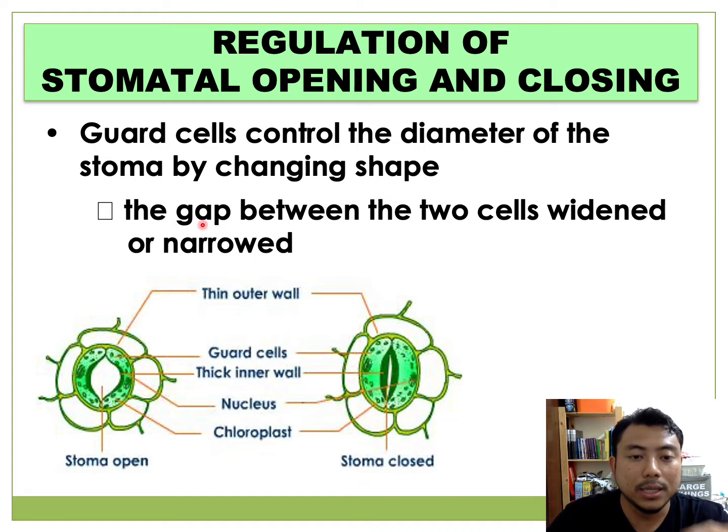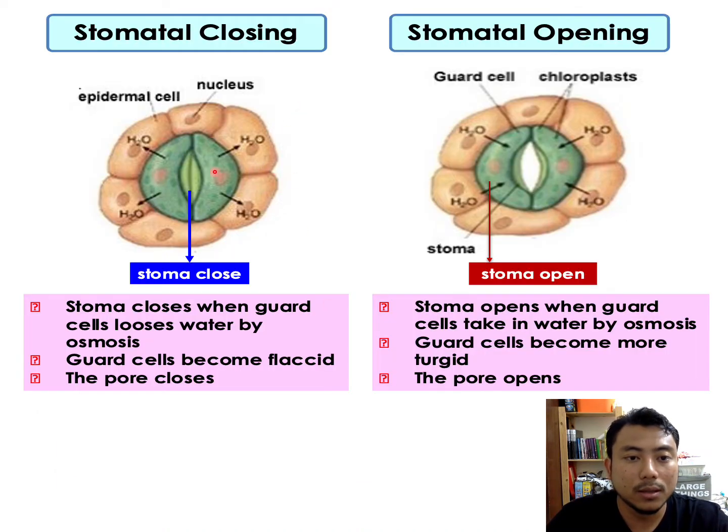So the gap, iaitu jarak antara the two cells, widen ataupun narrow. Ni widen, so open, and narrow, dia akan tertutup. Okay, so this is the basic idea of stomatal closing. For stomatal closing, the stomata close when the guard cells lose water by osmosis.